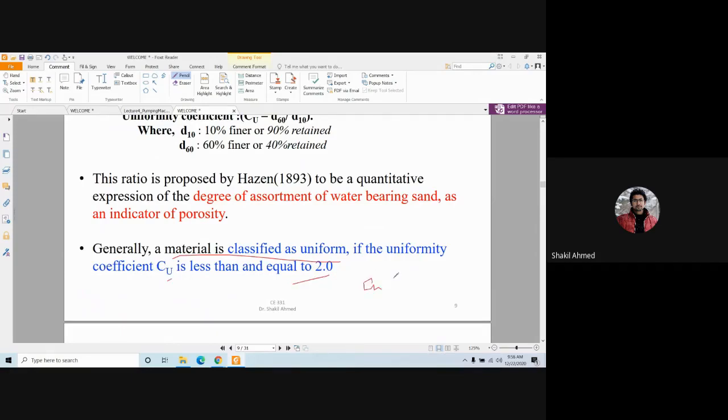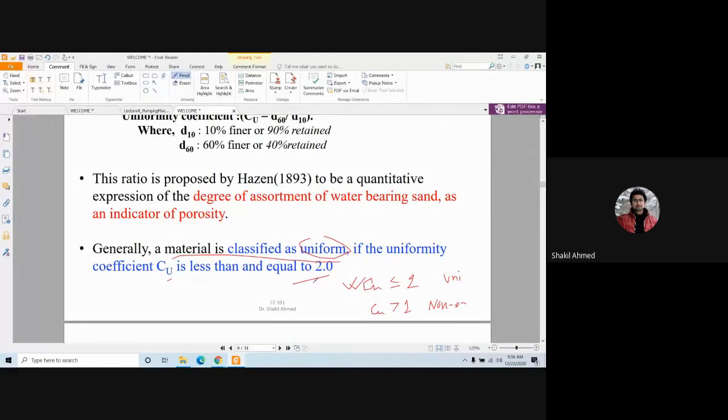So if Cu is less than or equal to 2, then we call it uniform. If Cu is greater than 2, we call it non-uniform. Clear? Yes, sir. For an aquifer, we need this.